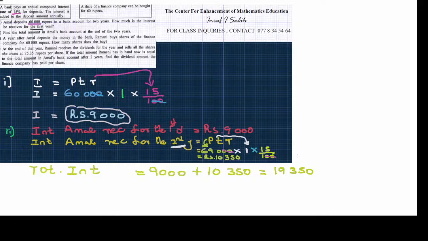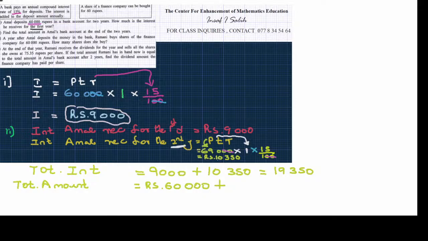At the end of the second year, what's the total amount in Amal's account or fixed deposit? How much can he take home? He can take home the 60,000 that he invested in the bank plus the extra amount the bank is giving him.